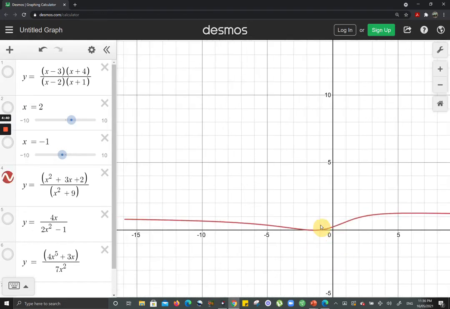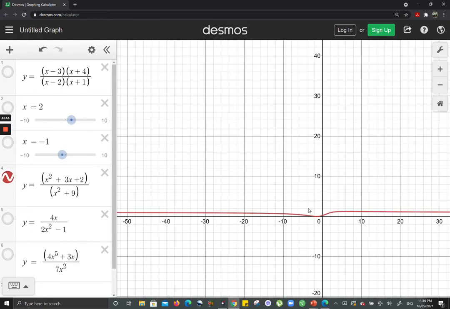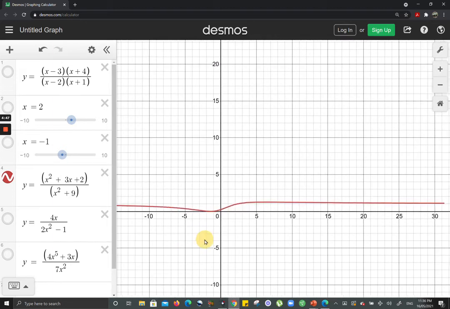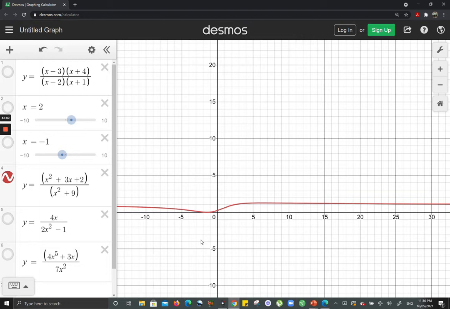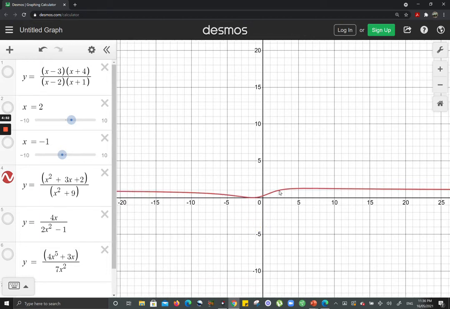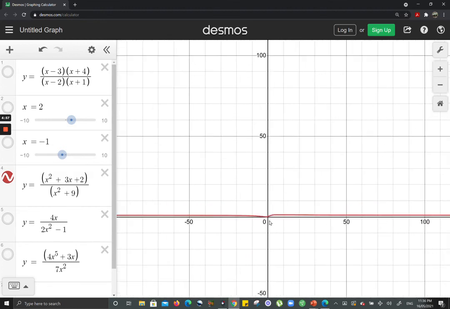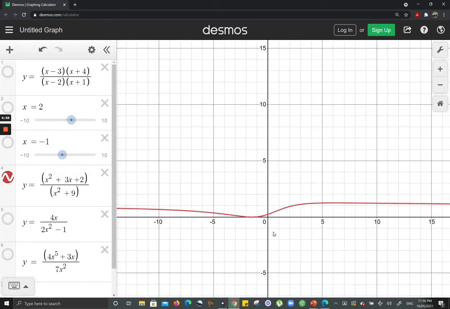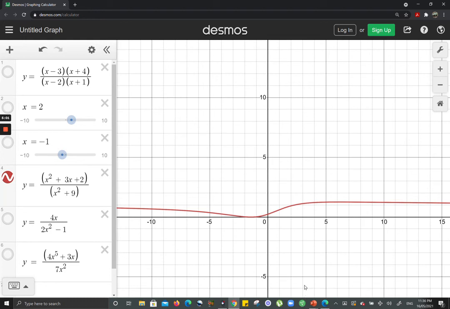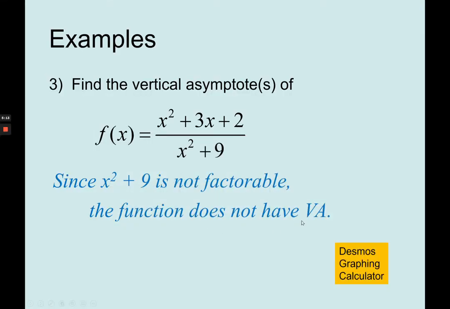As you can see, there is no way that this graph can have a vertical asymptote. A vertical asymptote cannot intersect the graph of the function. If we zoom in, there is no allowable location to have a vertical line that does not intersect the graph of the function. So this function does not have a vertical asymptote.